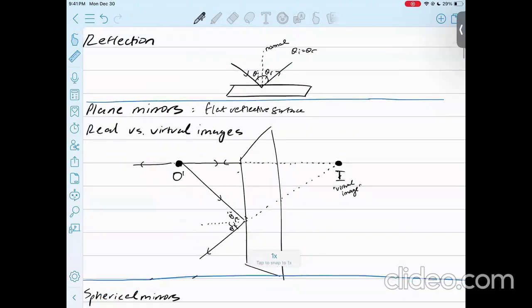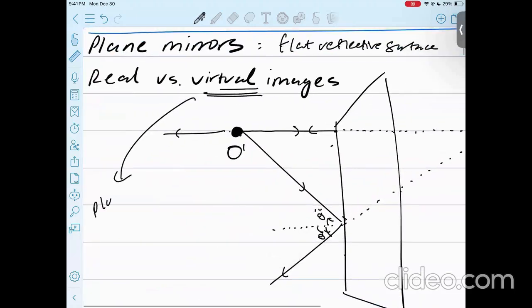And that's in contrast to a real image, where you could project a real image onto a screen, because the light rays are actually converging at the point of formation of a real image. But for a plane mirror, the image is always virtual. Plane mirrors always form virtual images.